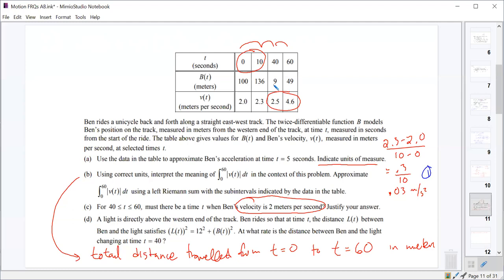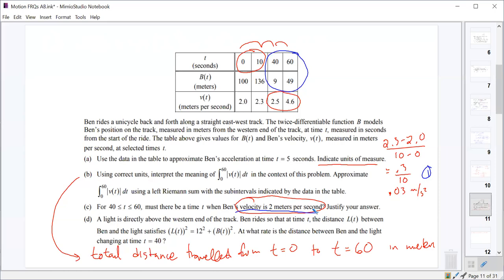Second thing we should look at is, let's look at when the velocity is the derivative. So when this is the instantaneous rate of change of something, that'd be the mean value theorem. So we need to look here and see if the average rate of change of his position is equal to 2. If the average rate of change of the position is 2, then that means that on that interval somewhere, the instantaneous rate of change of the position must have also been 2.